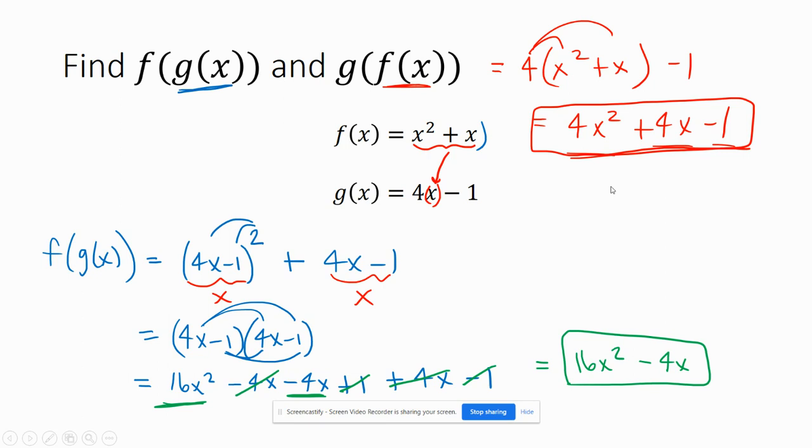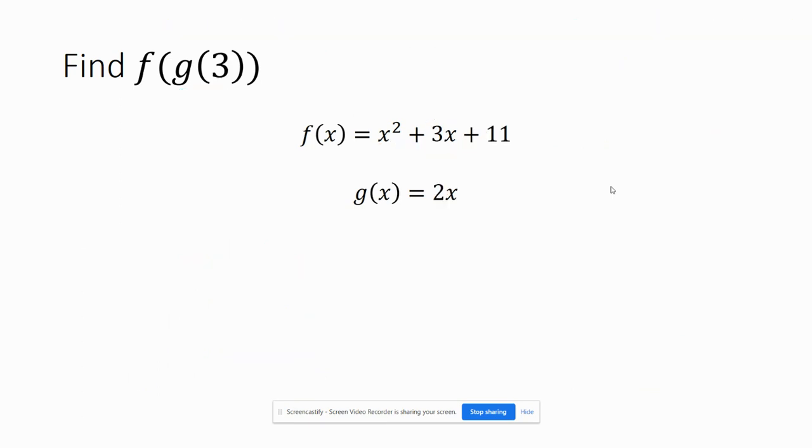And we'll go on to another example. Those are just the answers again up there. So this time, find f of g of 3. There's no x here. This used to be an x in the previous examples, but now we've got a number here, and so it's actually a little bit easier to evaluate.